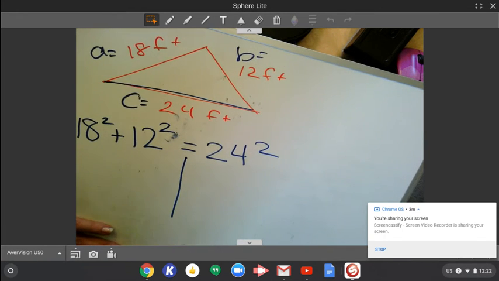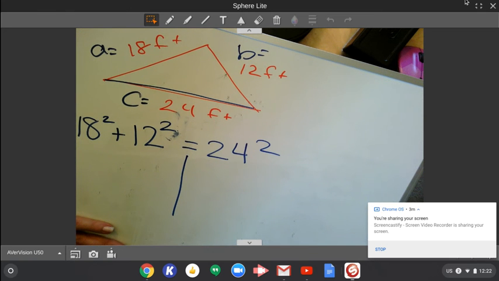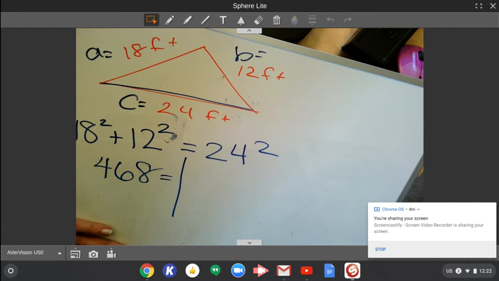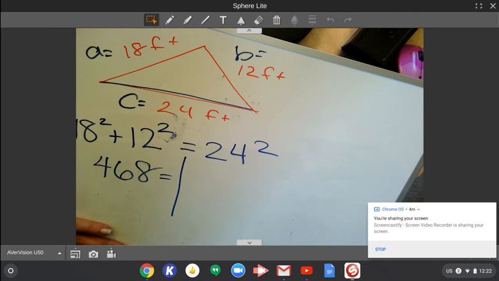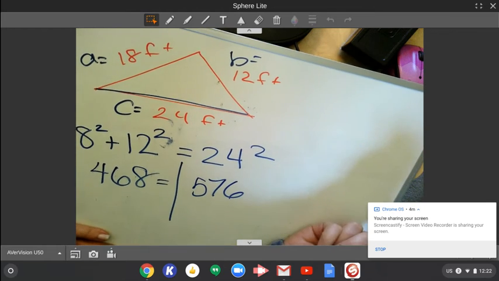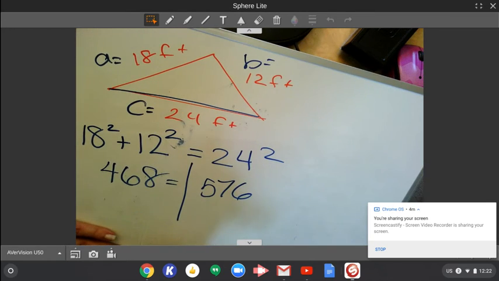Just going to plug it into the calculator. 18 squared, so 12 squared is 144. I got 468 over here. And 24 squared, I don't think that's 468, but let me just check. Nope, it's 576. Therefore, it is not a right triangle. So you would say, no, this is not a right triangle.